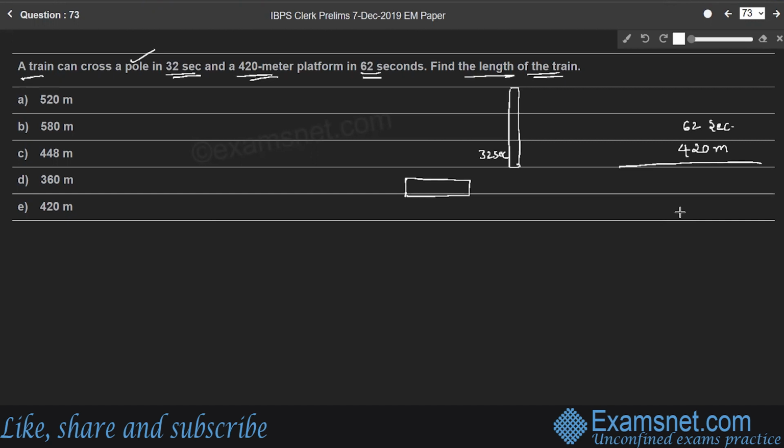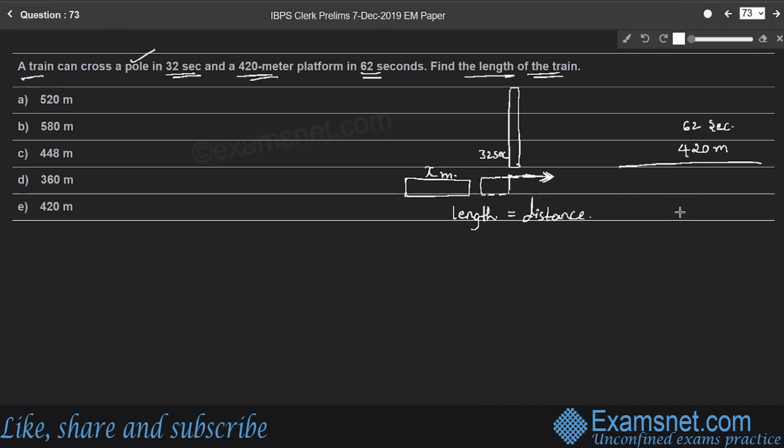Let us imagine x meters be the length of the train. While crossing this pole, the train covers a distance which is equal to its length. Because when the train comes here, that is where its distance starts.